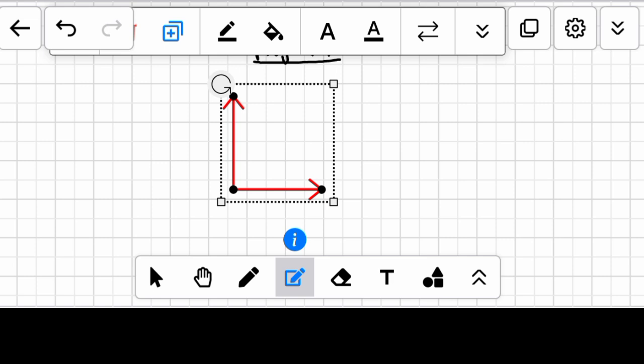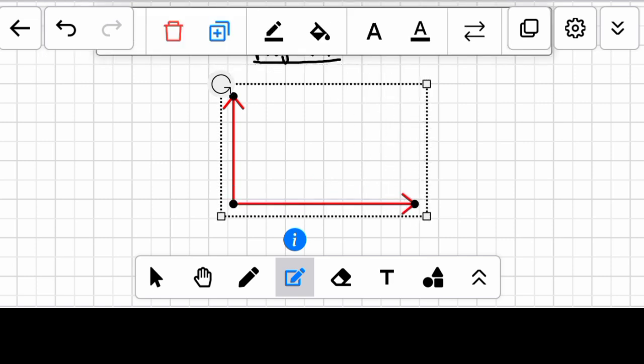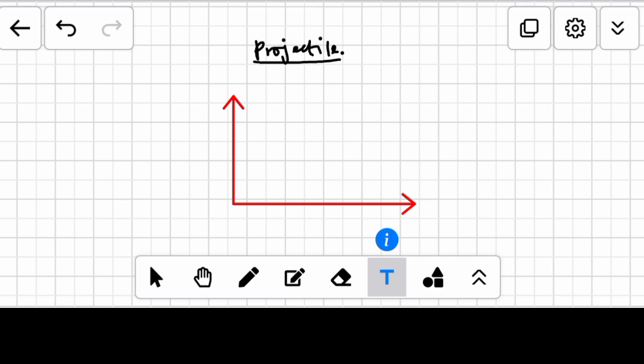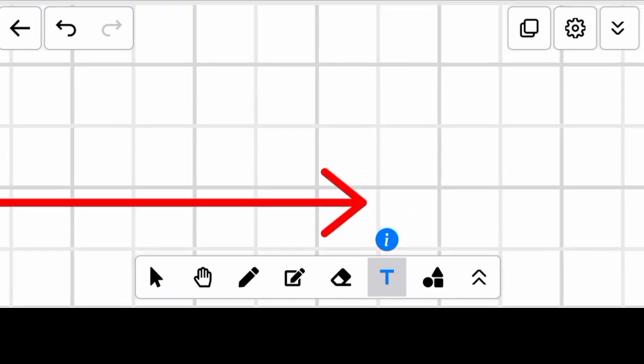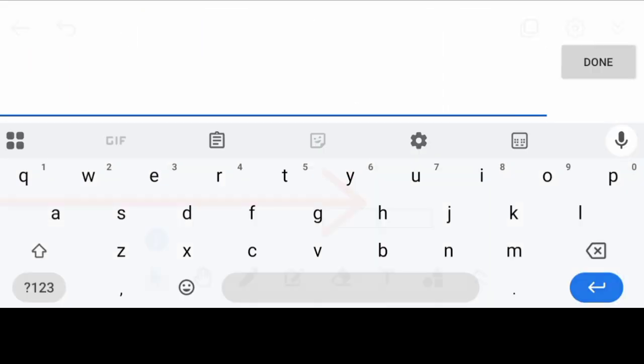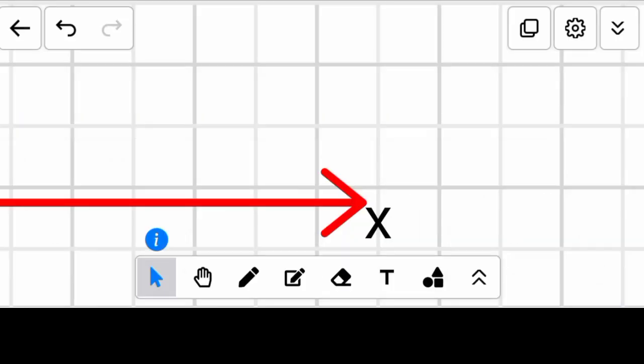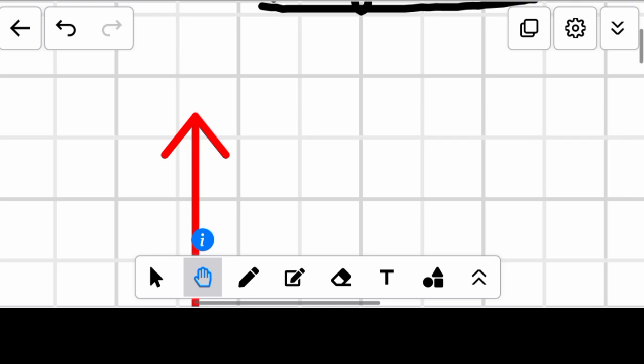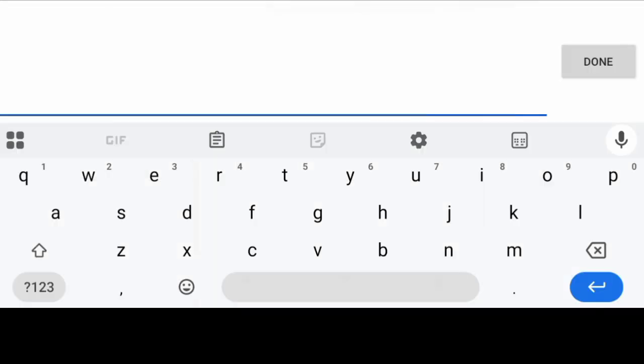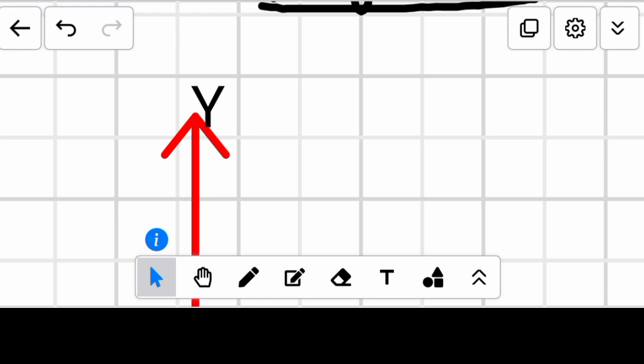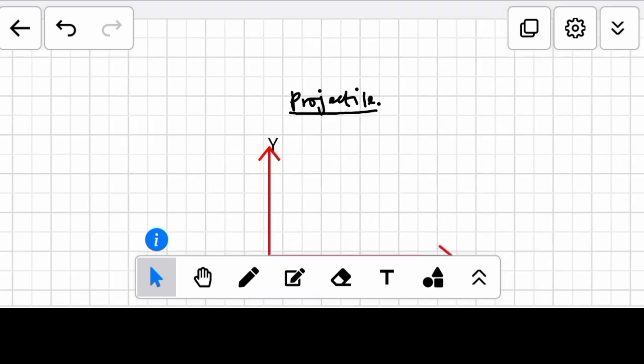Maybe we should elongate this so we can have a clearer view. If this position is x, the other arrow represents y in terms of the dimension.